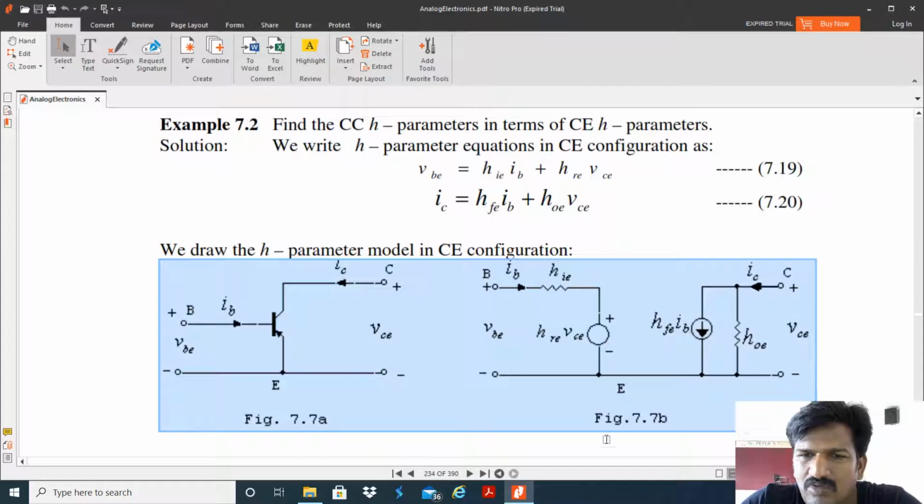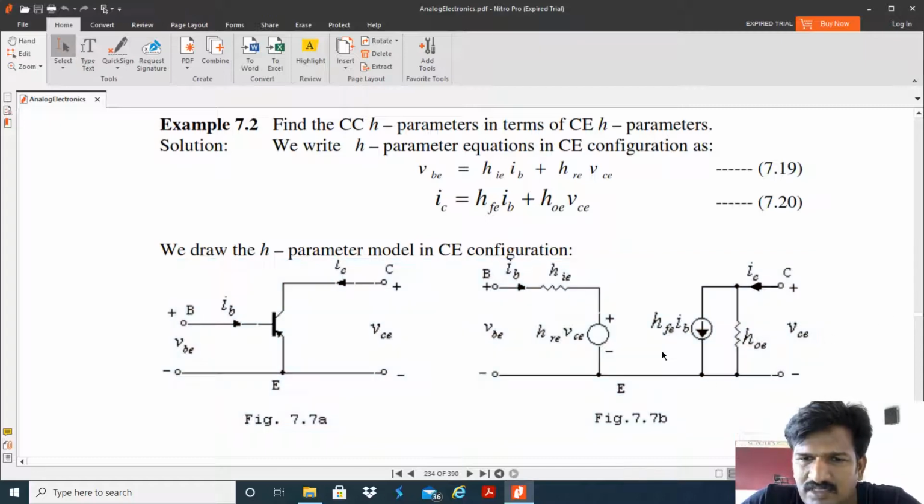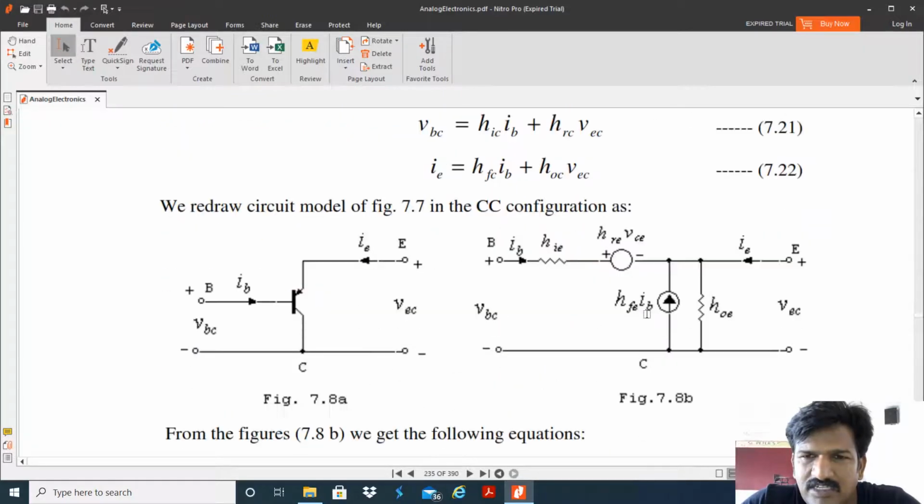So when you redraw figure 7.7b, you will get an equivalent diagram like this.